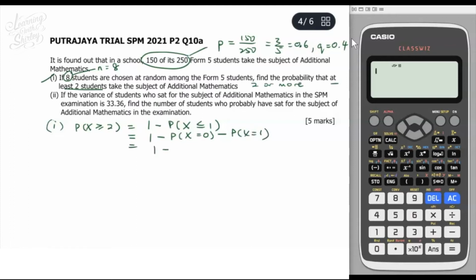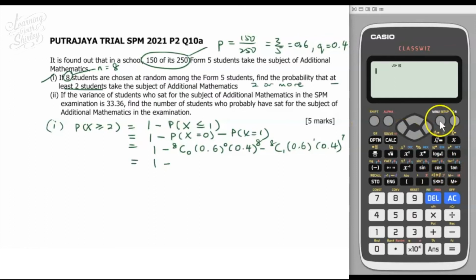So 1 minus 8C0, then P is 0.6 power 0, and then Q is 0.4 power 8, since 8 minus 0 is 8. Then minus 8C1, because x equals 1, so 8C1, 0.6 power 1, and then 0.4 power 8 minus 1, which is 7.